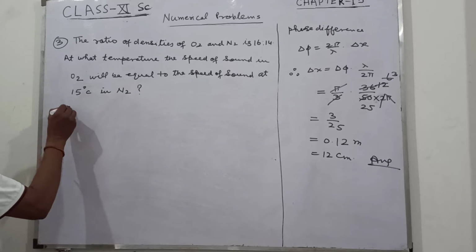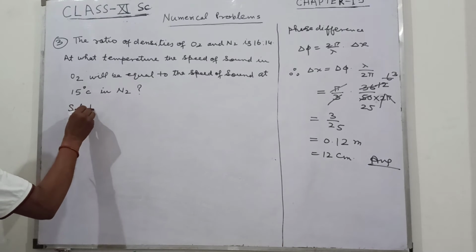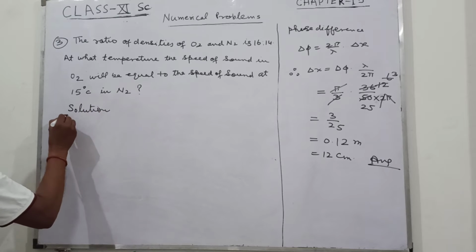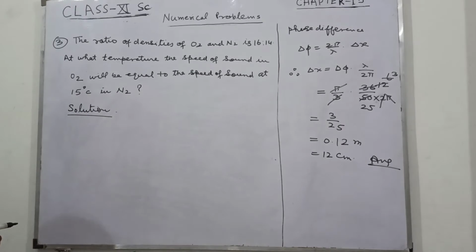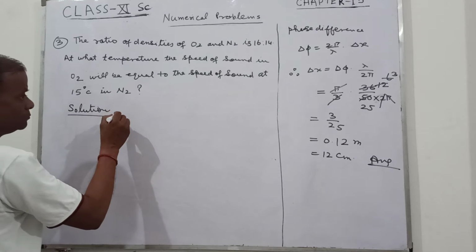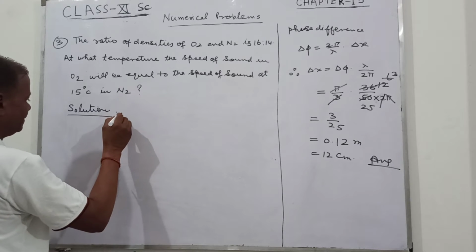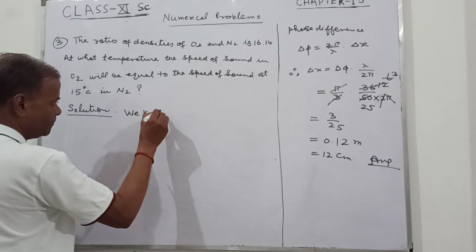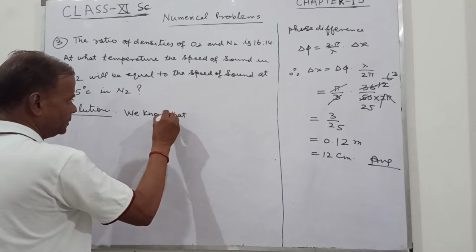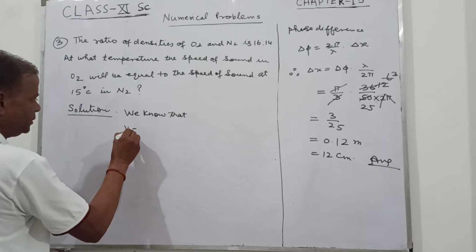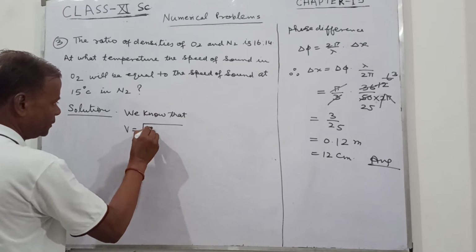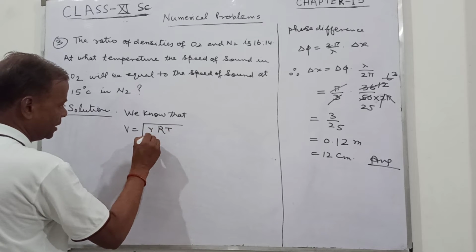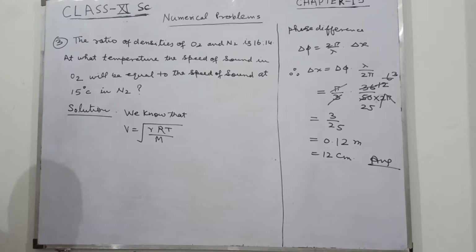Now solution. How to simplify? We know that V equal to square root of gamma RT upon M. This you have to apply for oxygen and then nitrogen.